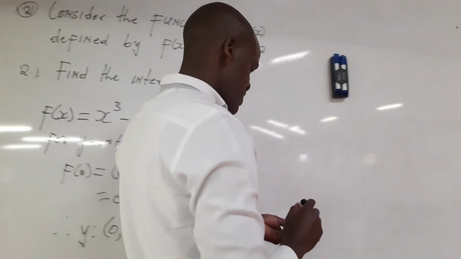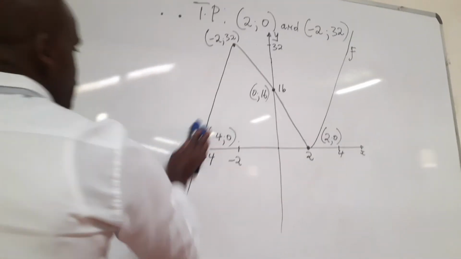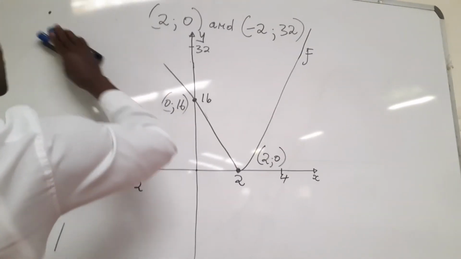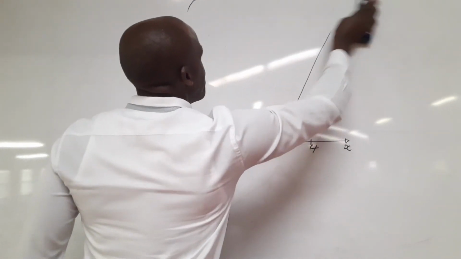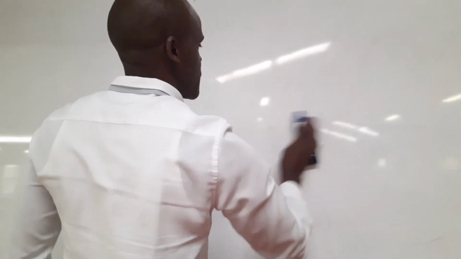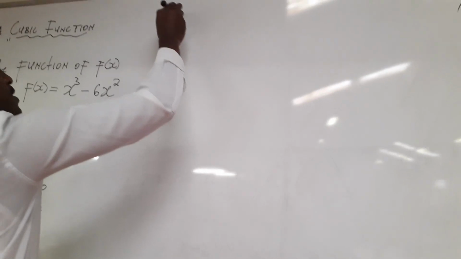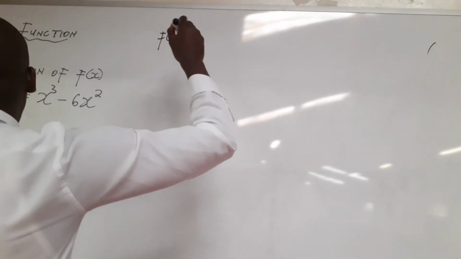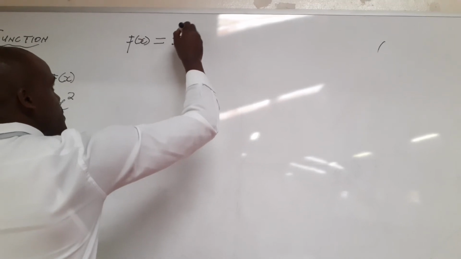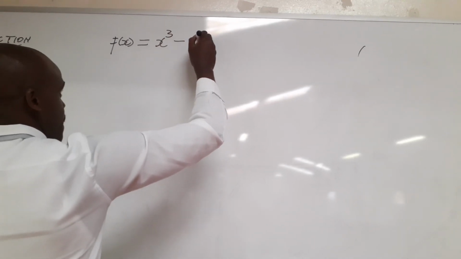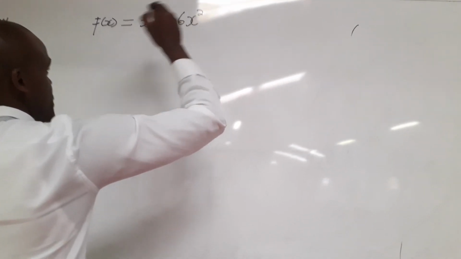Let's find the x-intercept. Our equation is f of x equals x cubed minus 6x squared.